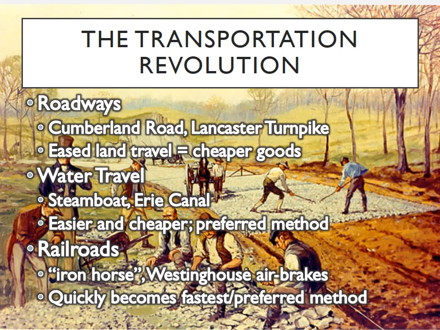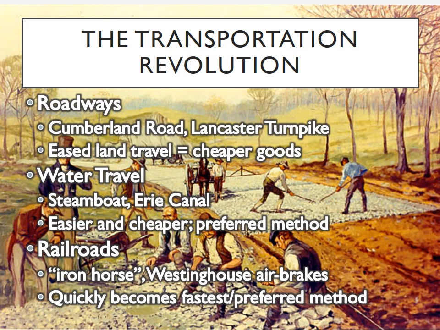However, by 1860, there are over 30,000 miles of track that have been laid across the United States, 3/4 of which were located in the North, considering that's where most finished goods were being created and had to get to markets. What really made these new railroads viable as a method of transportation for goods was new inventions that looked at safety, specifically things like Westinghouse air brakes.